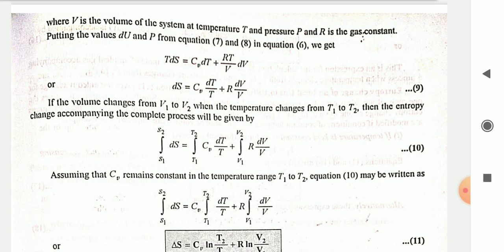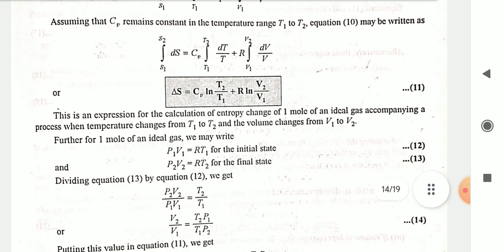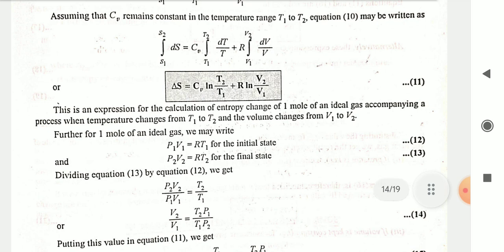Assuming that Cv remains constant in the temperature range T1 to T2, equation 10 may be written as delta S is equal to Cv ln T2 upon T1 plus R ln V2 upon V1. Consider equation 11. This is an expression for the calculation of the entropy change of 1 mole of an ideal gas accompanying a process when the temperature changes from T1 to T2 and the volume changes from V1 to V2.